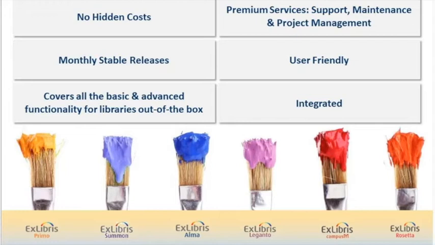I think you can be assured of that looking at our user numbers. You know, the number of libraries in the UK, in EMEA, in the world that are using, for example, Alma, that are using Primo or Summon for discovery, Leganto, Campus M, Rosetta. This tells you that these products that we offer cover the basic and advanced functionality that libraries need.